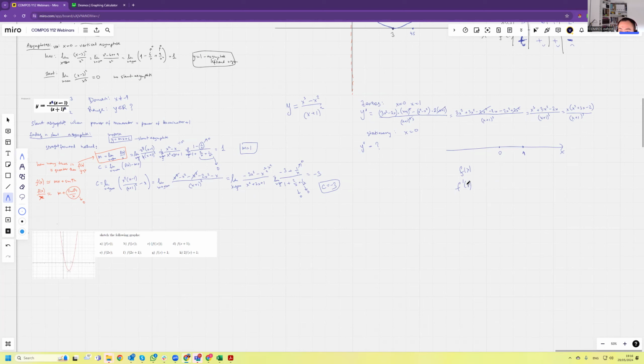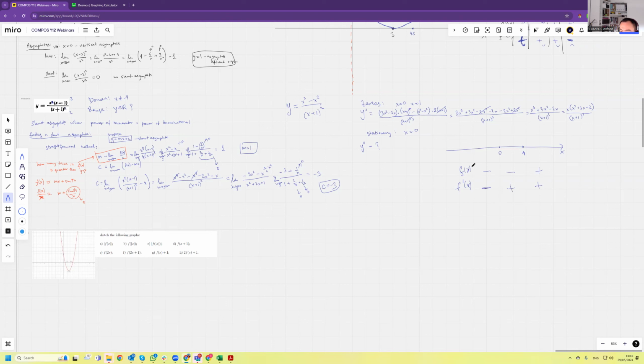So the derivative is going to be positive, negative, negative. Then the derivative is going to be positive, positive, negative.